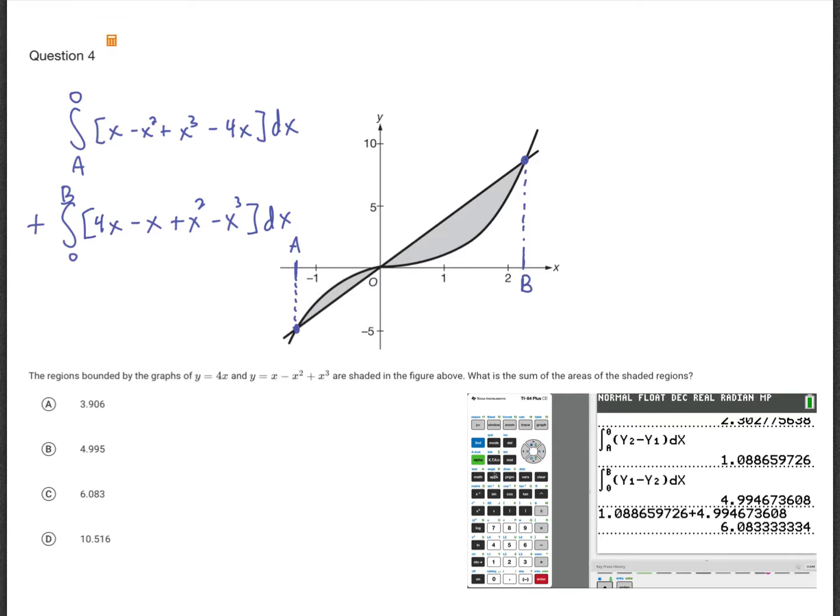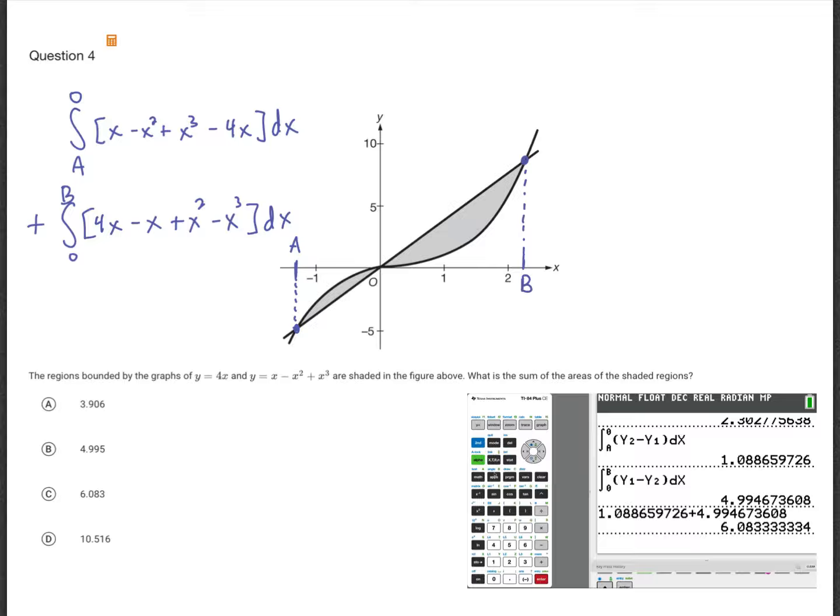So another way of doing this. There are two nice things about a different way of doing this. When you do it the way we just did it, first off you have to do two separate integrals, and you have to be careful with which function is on top and which is on bottom. It's really not that big a deal.